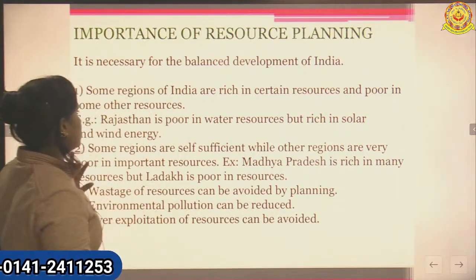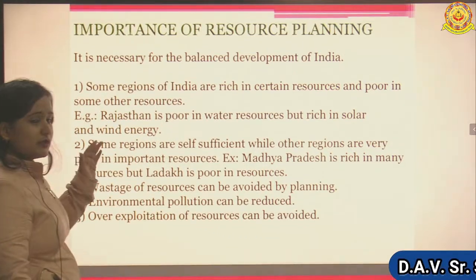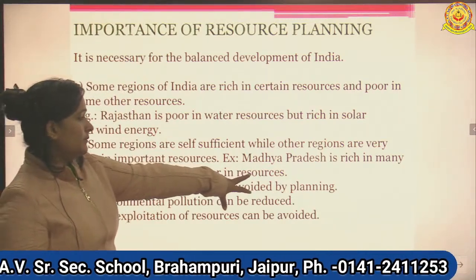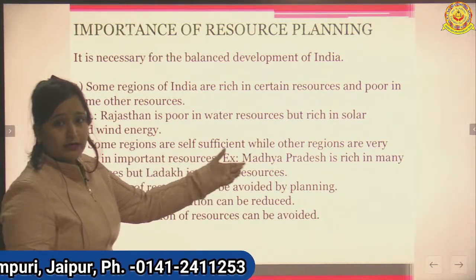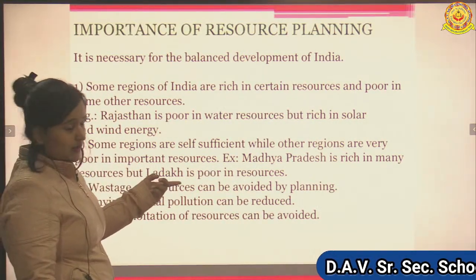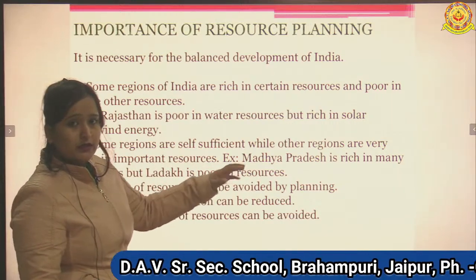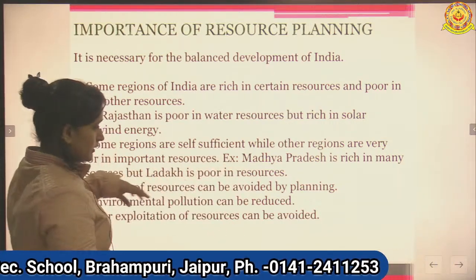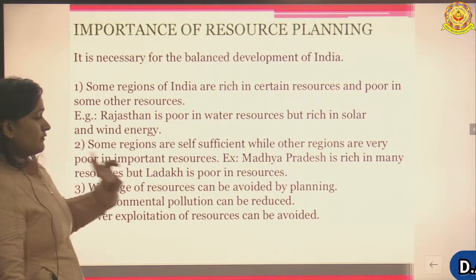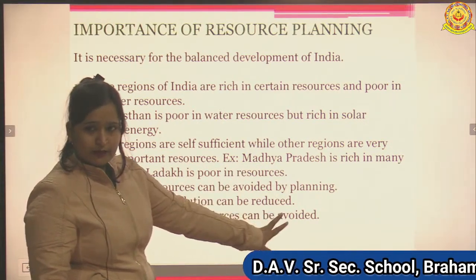These are examples of using resources in a proper amount. And the example of Madhya Pradesh: it is rich in many mineral resources. Ladakh, as I have given, is poor in potential and other resources.